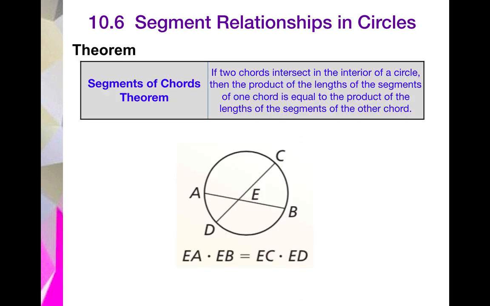So the first one is the segments of chords theorem, and this talks about how these chords split so that we get a nice ratio.